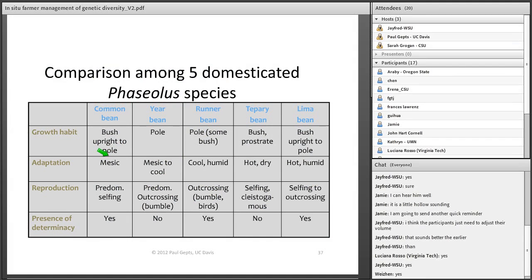And then we did actual transformation of the Arabidopsis TFL1 mutant with a functional gene from beans, and we were able to restore the wild-type phenotype in Arabidopsis. So clearly, all of this strongly suggests that this is the gene.